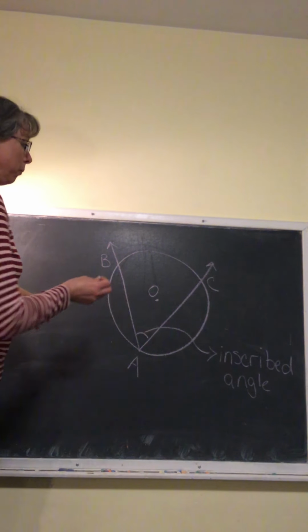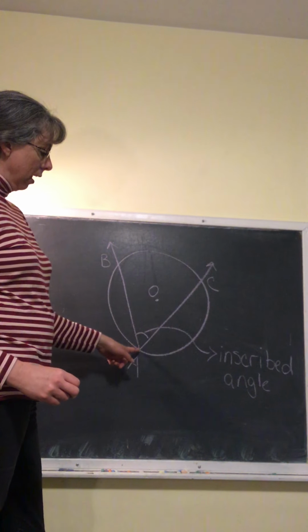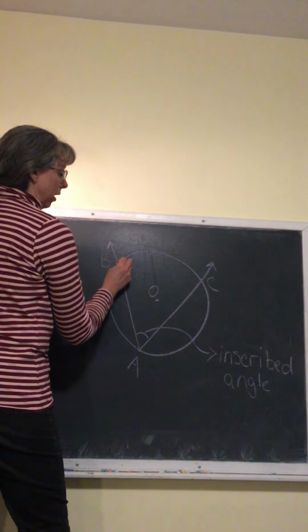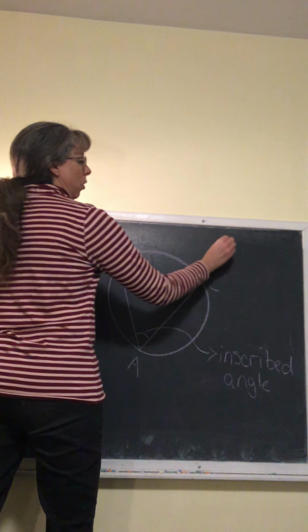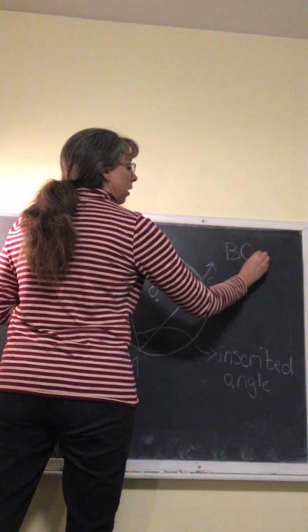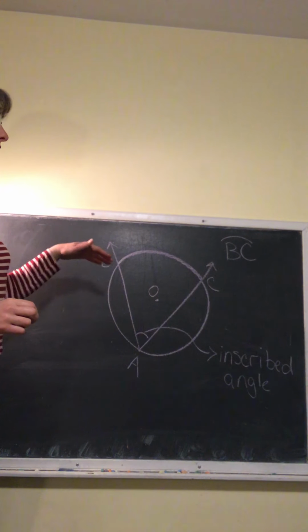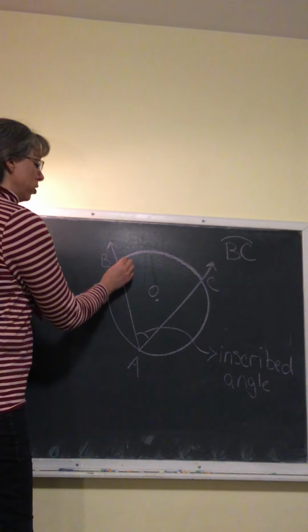Now the other big vocabulary here is that we see that angle A, this inscribed angle, cuts off an arc. It cuts off arc BC, and again we can put our little half moon shape over the top of BC to indicate that that's an arc that we're referring to.